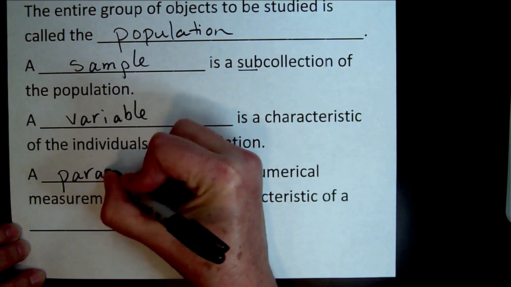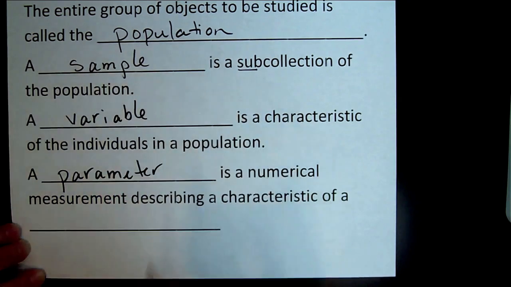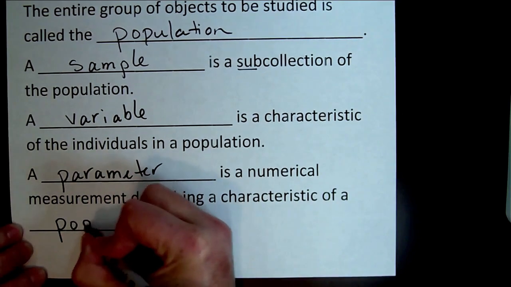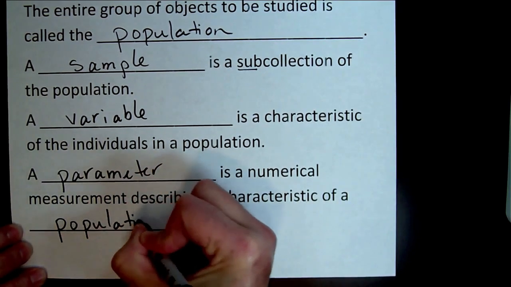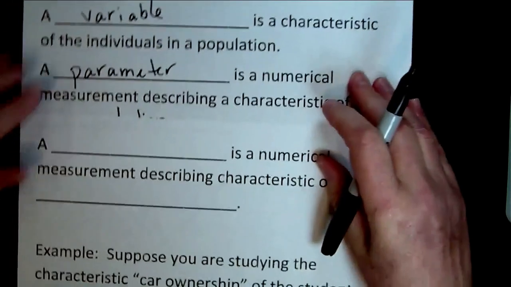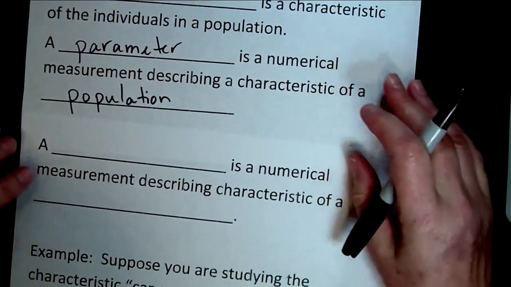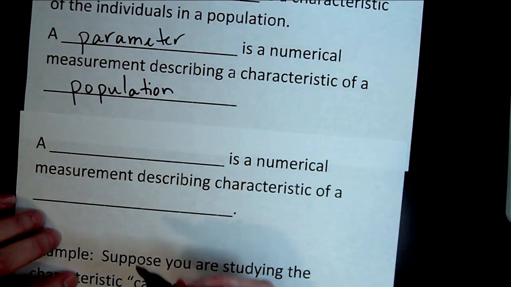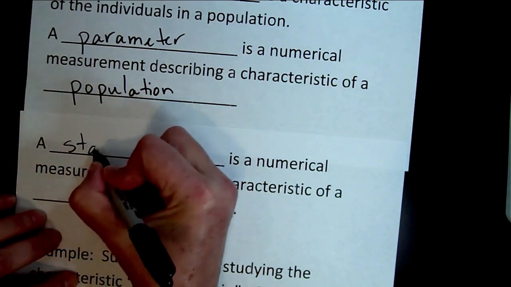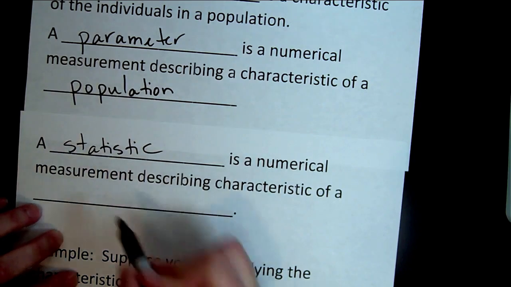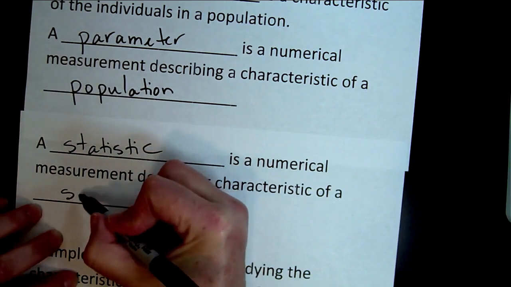So a parameter is a number or numerical measurement describing a characteristic of a population. If instead you're forced to measure something just for the sample of the population you've got, we call that number or that numerical measurement a statistic. Okay, and that's describing the characteristic of a sample.